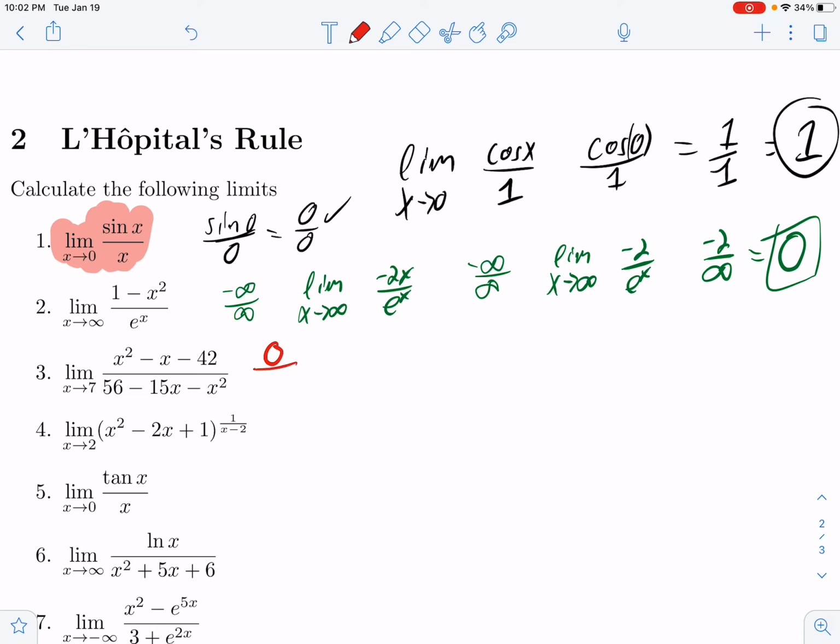I get, what's that, 56 minus 49 is 7. And then 7 minus 15 times 7. 15 times 7 is 105. So 7 minus 105 is negative 98. So this isn't 0 over 0. It's not infinity over infinity. It just ends up being 0 over a number, which is 0, and that's fine.